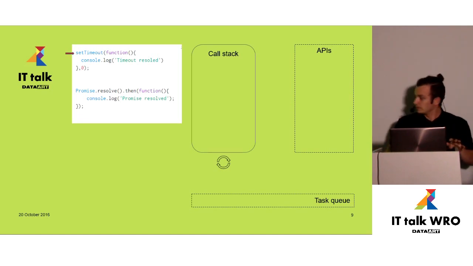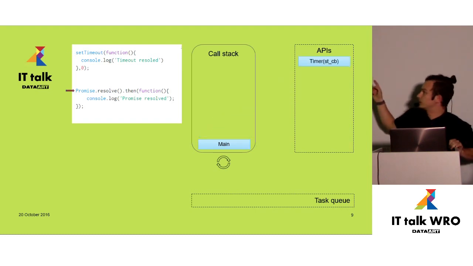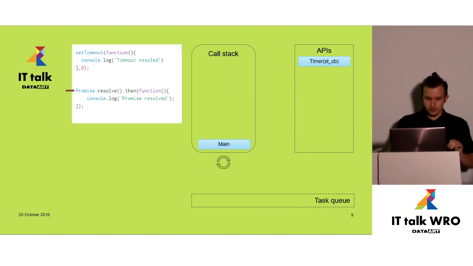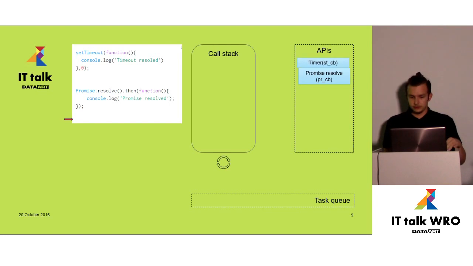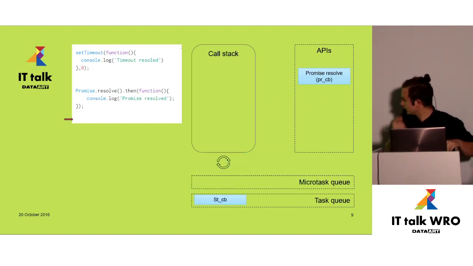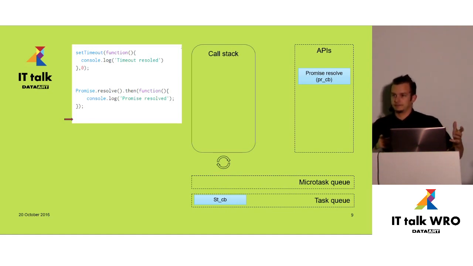So let's look. We are going to set timeout. It goes to APIs and the timer starts. It's like setTimeout callback. Promise goes to APIs and then timeout, and then whoa. Okay, so this is the Microtask queue, and this is something different.